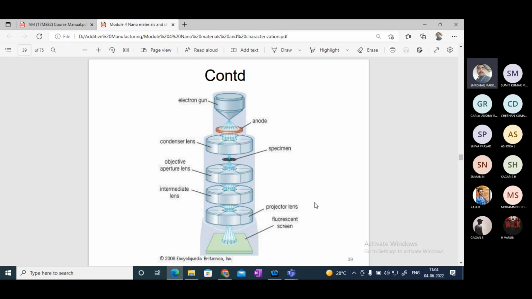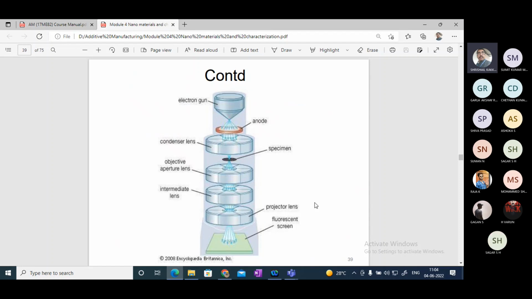So in a transmission electron microscope, an electron gun will be there. Normally it is a tungsten wire, and at a threshold temperature the electrons will be emitted and attracted by the anode, and made to flow in a very particular fashion by means of a condenser lens, and even magnetic deflectors will be there. There will be a lot of lenses, intermediate lens and objective lens.